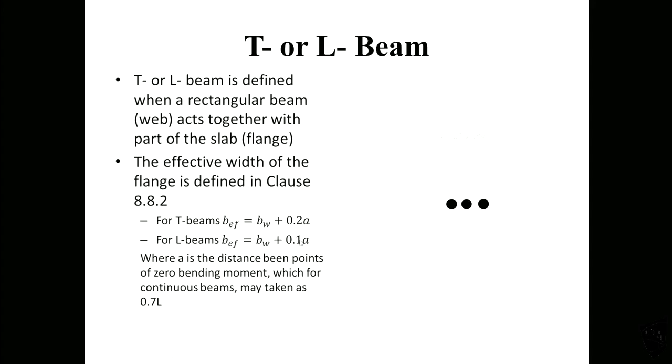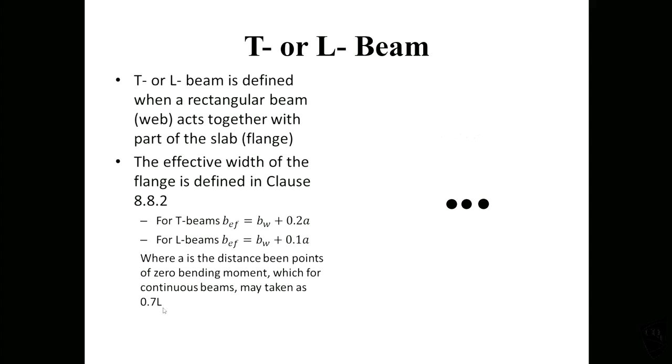T beams means two sides, so that's why 0.2; L beam means only one side, so 0.1A. The 0.1A is the zero moment point I discussed earlier.